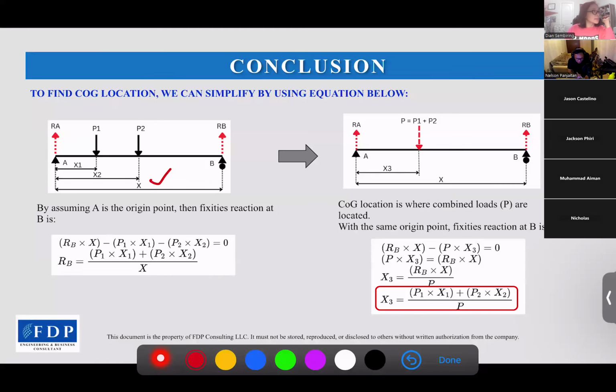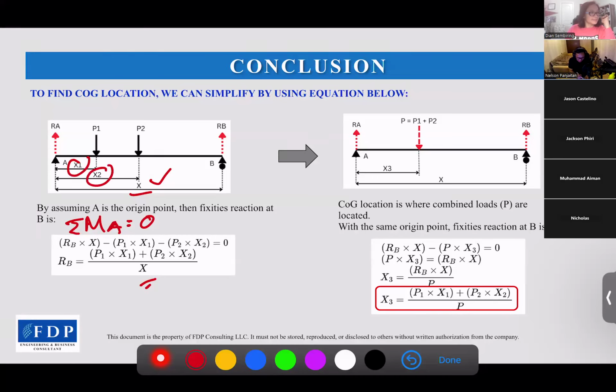By assuming A is the origin point, the fixed reaction at B, RB, is P1 times x1 plus P2 times x2 divided by x, the total length. This is if we use total moment at A equals 0: RB times x minus P1 times x1 minus P2 times x2.